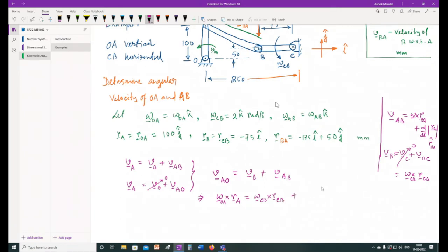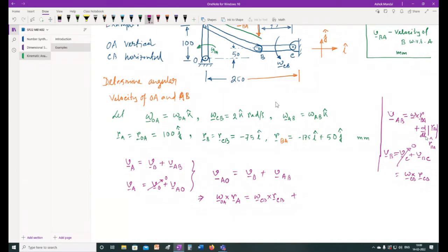Plus, now, what about this velocity of A with respect to B? As we have already discussed, this relative velocity of A with respect to B has two components, but you see this component is equal to 0.